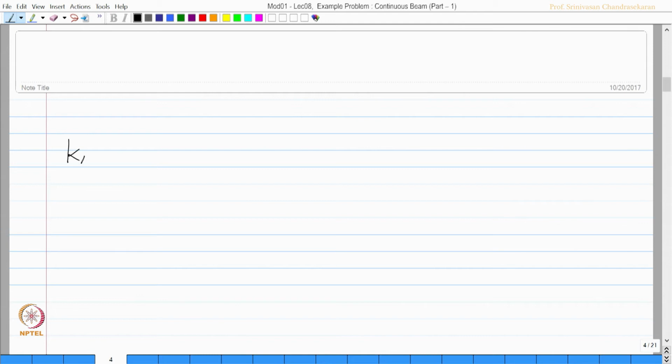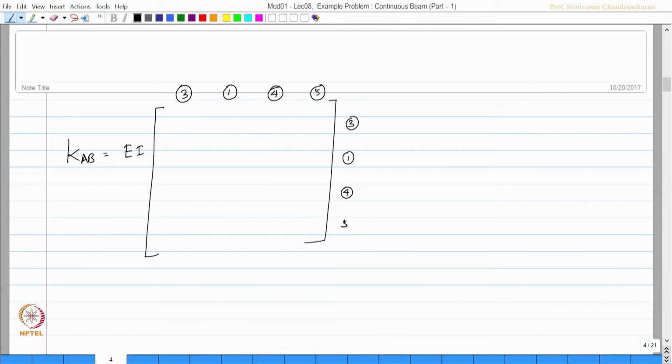KAB, where EI is common. The labels are going to be 3, 1, 4 and 5. So, this is going to be 4 EI by L. This value is actually 4 EI by L, where EI is constant.